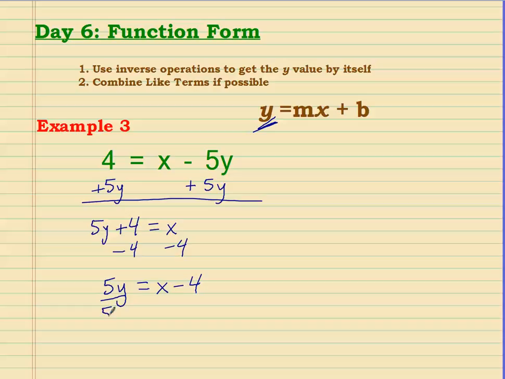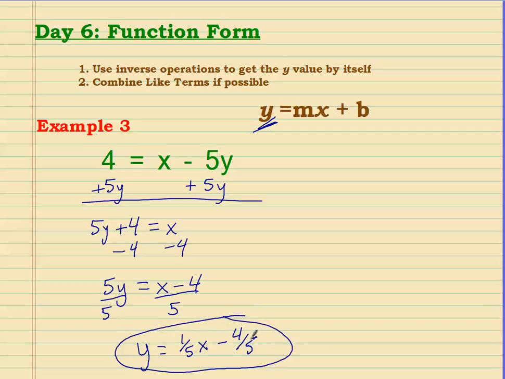And then I can divide both sides by 5, and I get y is equal to 1/5 x minus 4/5. That's pretty much all we can do right now, is we're doing a literal equation where we're solving for y and combining like terms if possible.